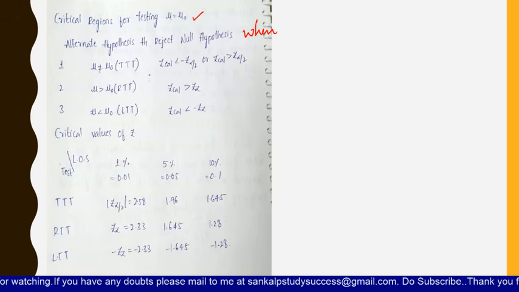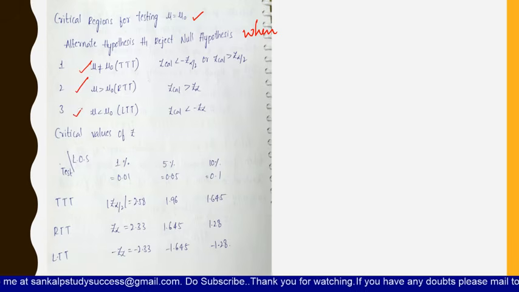If the question is a two-tailed test, and the calculated value is less than minus tabulated z alpha by 2, or greater than positive z alpha by 2, then the alternate hypothesis H1 rejects the null hypothesis. This is for the two-tailed test.